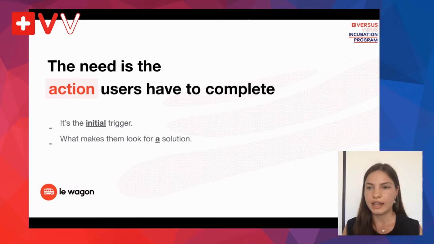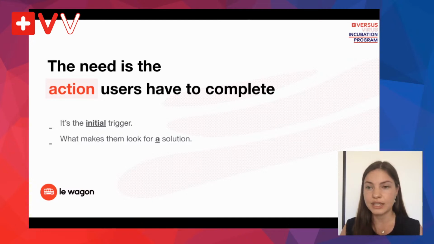Usually when he looks for a solution, it will not be your product. He will look for different things that will solve his problem. So it is very important to understand the need of your user and what will trigger him to go for this action.